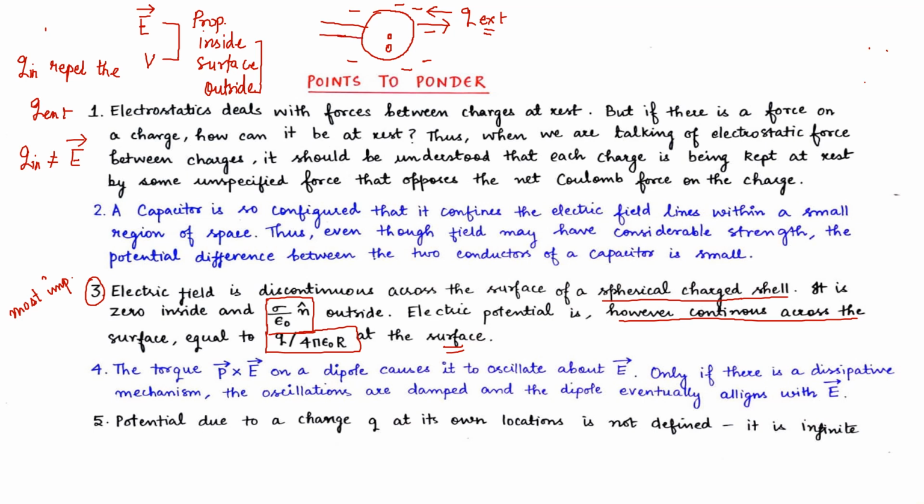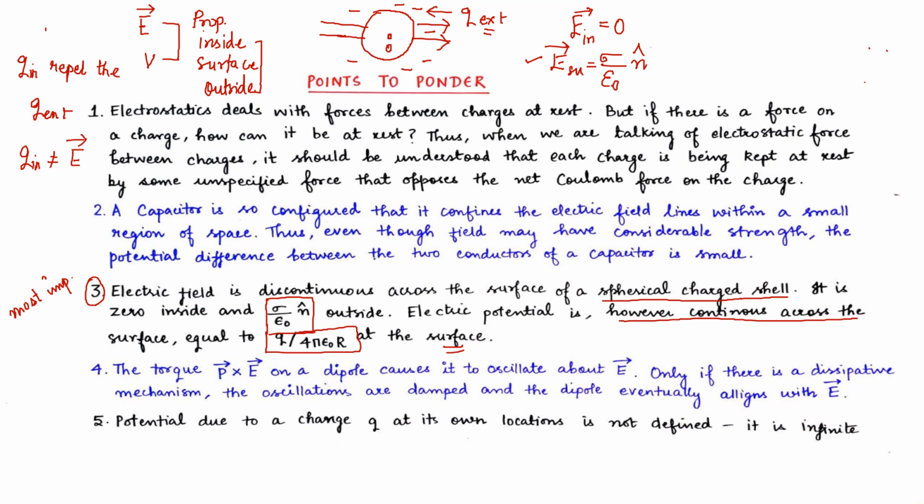When this electric field moves across the conductor, it does not go inside, because inside the conductor there is no external charge present, and hence the electric field inside is 0, whereas the electric field on the surface is given by the formula surface charge density upon permittivity into n cap. This n cap gives the direction, because electric field is a vector quantity, so we mention the n cap.